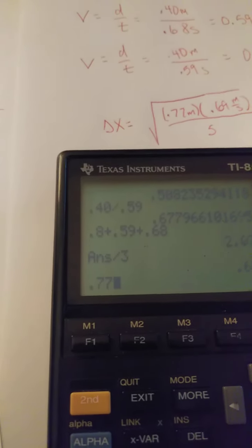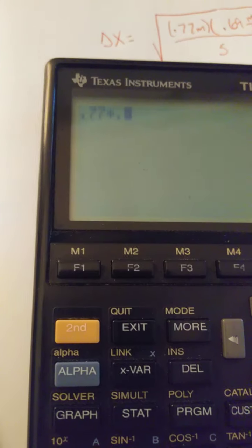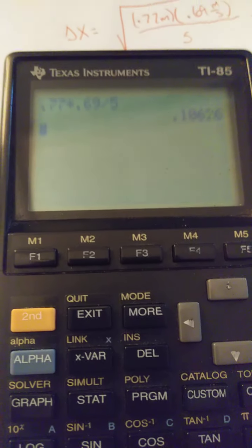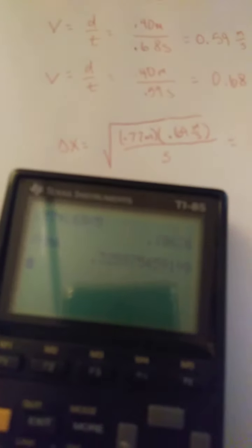So I'm going to do 0.77 times 0.69 divided by 5, and then take the square root of that, and I get 0.33 meters. Okay, that's what I should get.